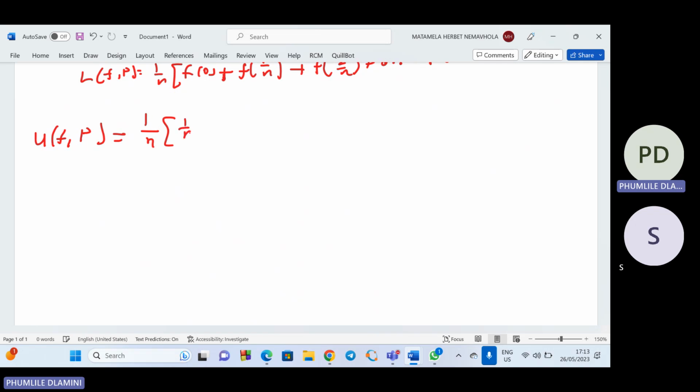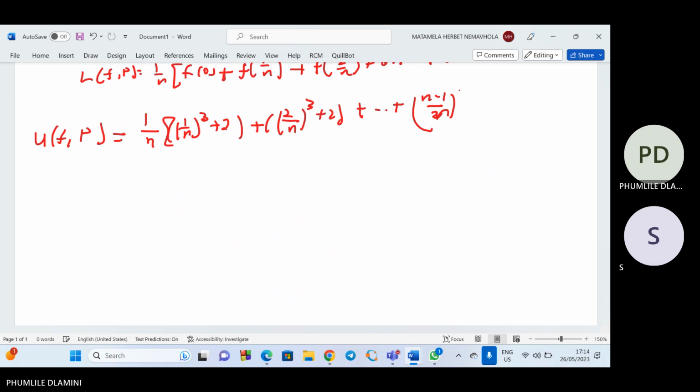We're going to have 1 over n cubed plus 2, plus, you can even use brackets if you want so that you don't make mistakes, plus 2 over n cubed plus 2, plus again, up to n minus 1 over n cubed plus 2, then plus 1 cubed plus 2.